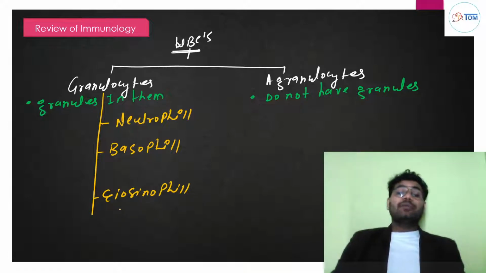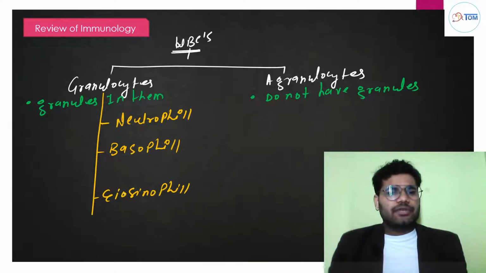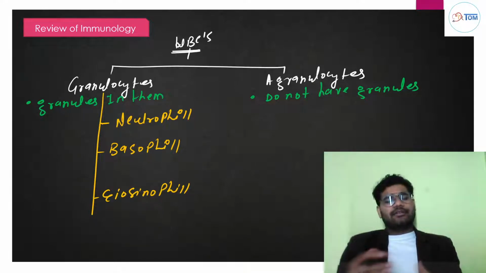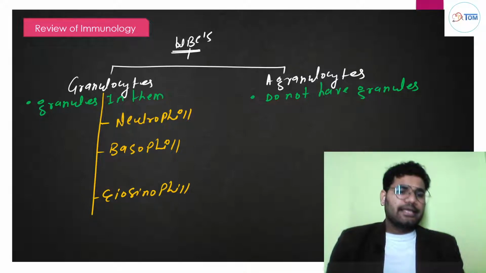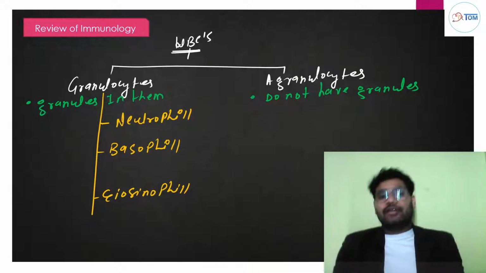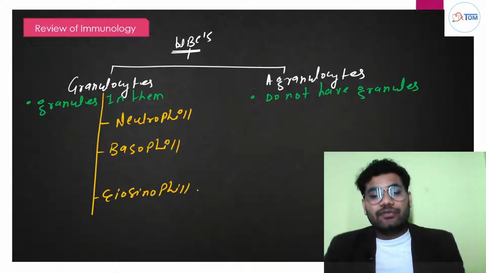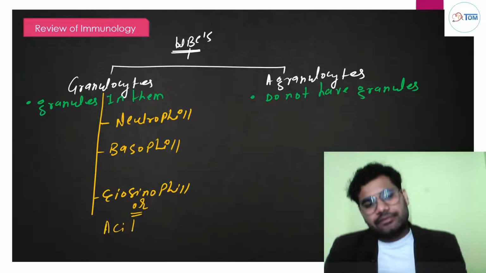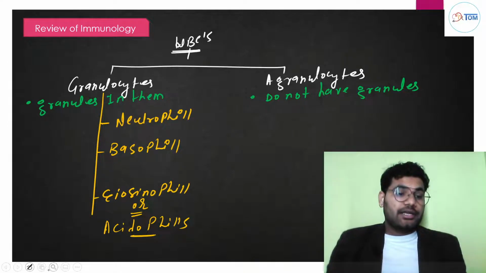These are the three main types of granulocytes. Why they are called neutrophil or basophil, we have a great discussion in the hematology lecture, depending on what kind of dye they stain with. Eosinophils you may also find by the name acidophils. Don't worry, we will talk about each and every cell in great detail.